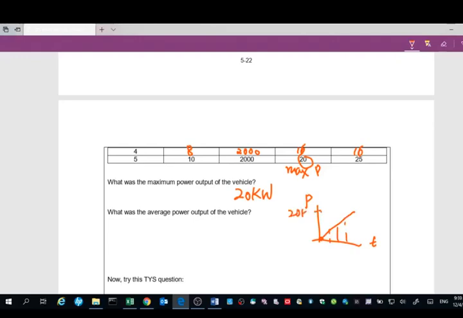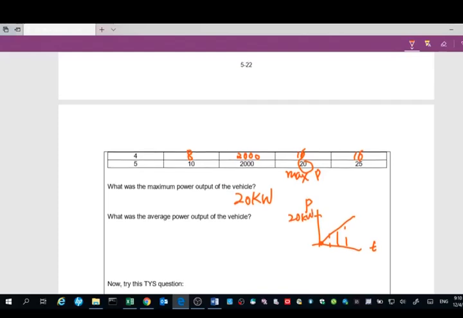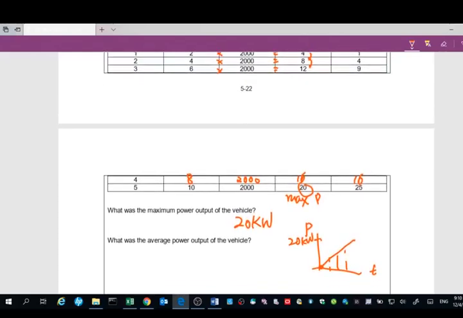Okay, 20 kilowatt when the time is 5 seconds. Okay, this is 5. So this is the maximum. As you can see, the power increases linearly with time.